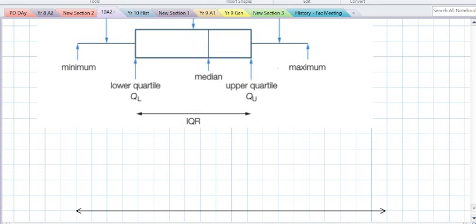Then using a ruler, what is the lower quartile value? Nathan? 2.5. Alright, so we go across to 2.5, and that's where our box starts. So we draw a line there. What was our median? 7. Okay, so the next line of the box will happen at 7.